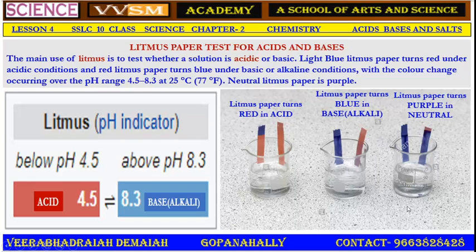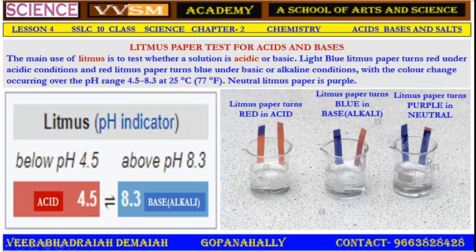In these three beakers, all containing the litmus paper test, this is red in acid. That means the solution in the first beaker is acid because the litmus paper turns red. The second beaker, the middle beaker, is a base: the litmus paper turns blue in base, that is, in alkali.